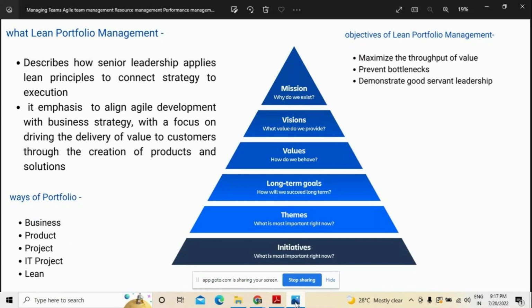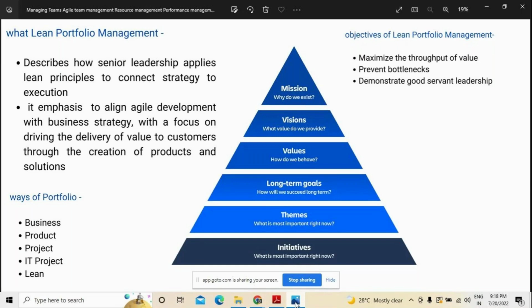At the same time, it emphasizes aligning agile development with the business strategy, where the focus must be such that value-added services are provided to the customer by way of developing products or solutions. Because sometimes product development depends on the market needs and the customer requirements.